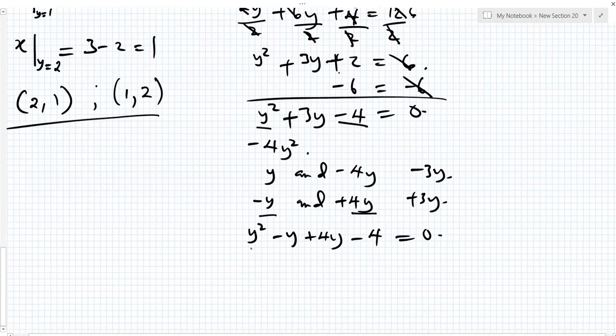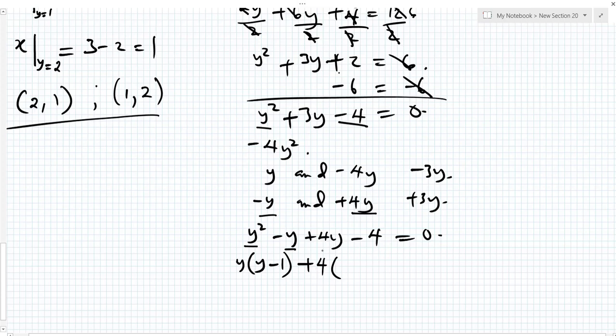Now what is the common factor? The common factor of y squared and minus y is y. Y divided by y squared gives you y, and minus y divided by y gives you minus 1. Then for this other pair, the common factor is plus 4.